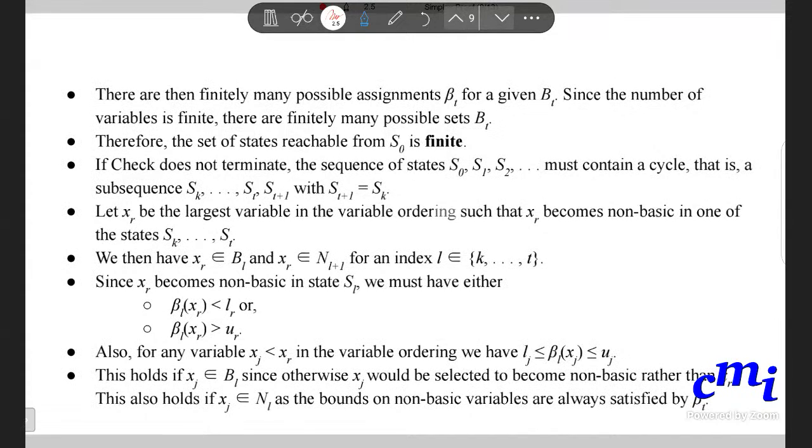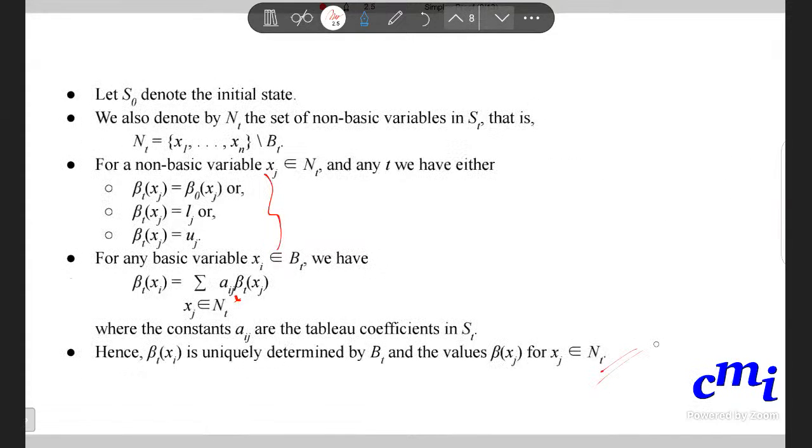See, the assignment beta t is uniquely determined by BT. And the tableau is determined uniquely by BT. And for any BT, the beta t assignment is unique.